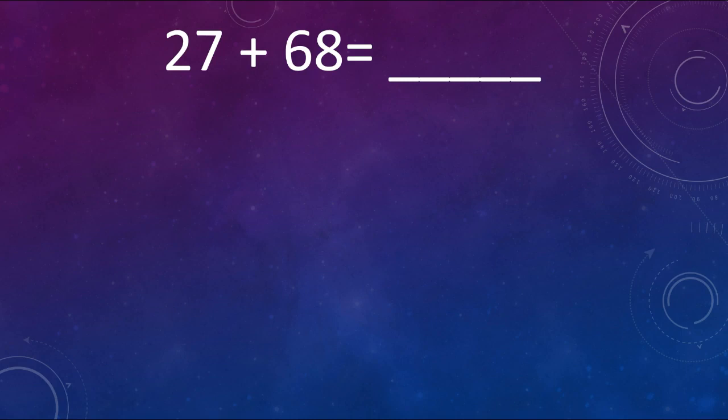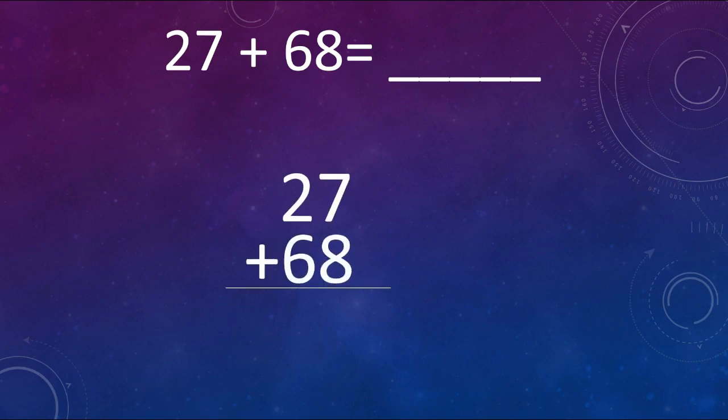Let's do this one. Go ahead and set this up again. Is this how yours looks like? 27 plus 68 equals. Now, we are going to add the ones place first. So what is 7 plus 8? 7 plus 8 equals 15.